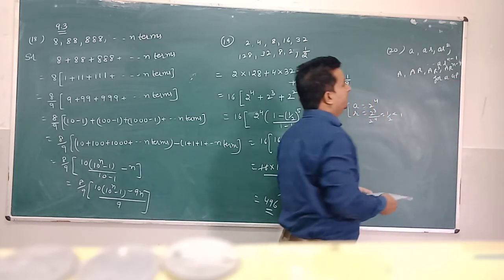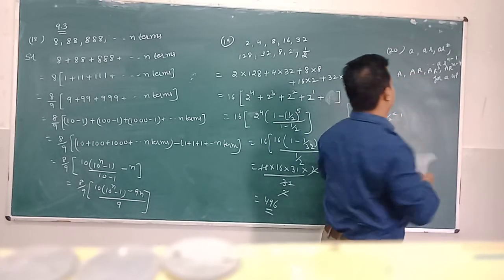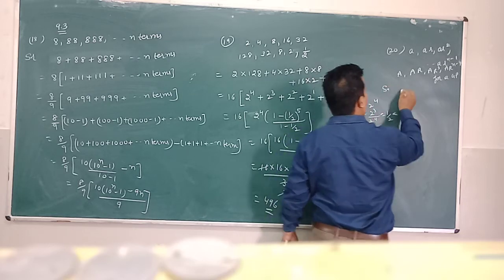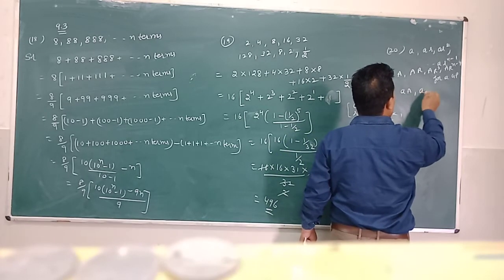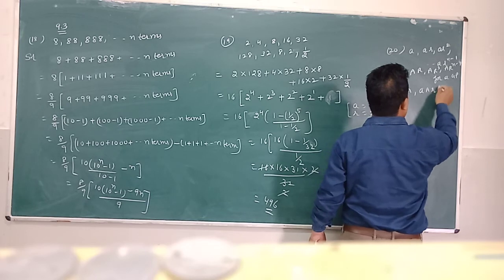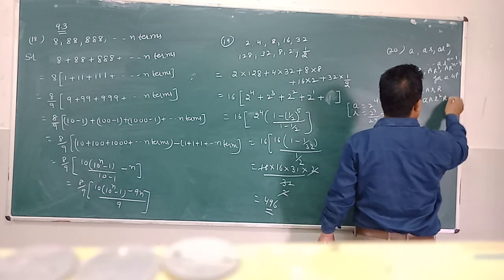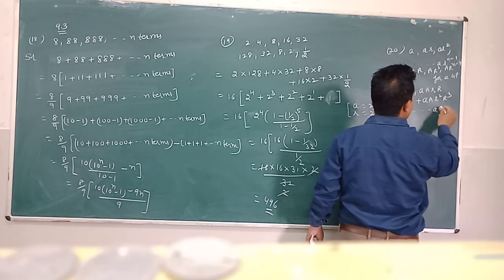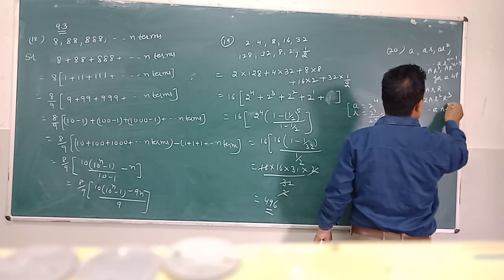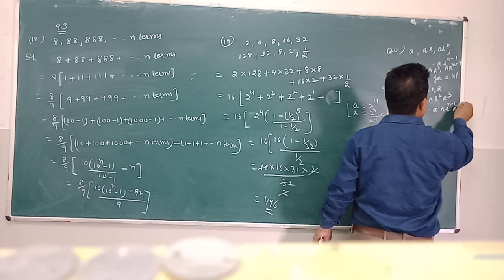Find the common ratio. Here we multiply these terms, so we first find the product: a into A, ar into AR, and the last one is ar^(n minus 1) into AR^(n minus 1).